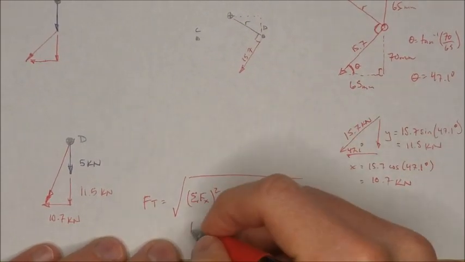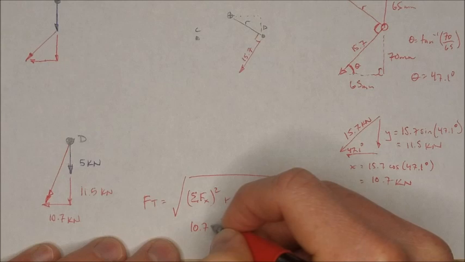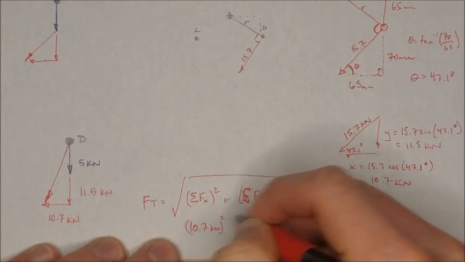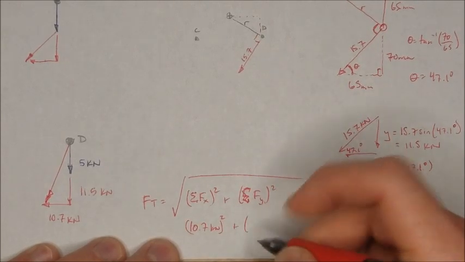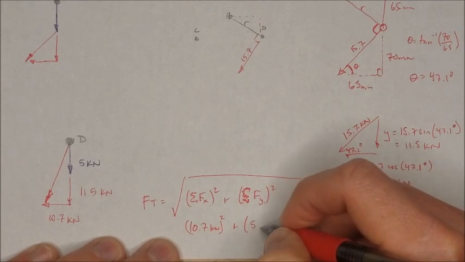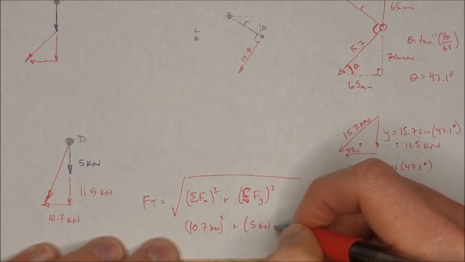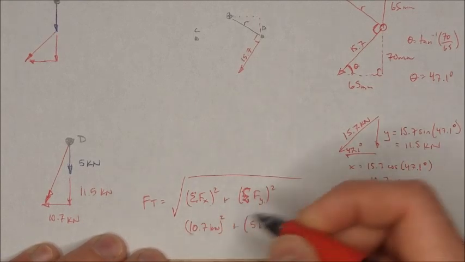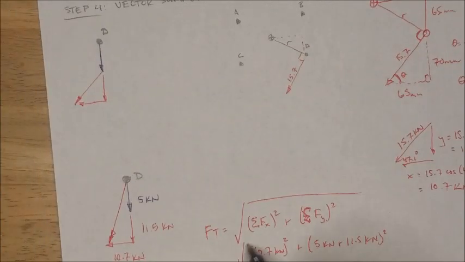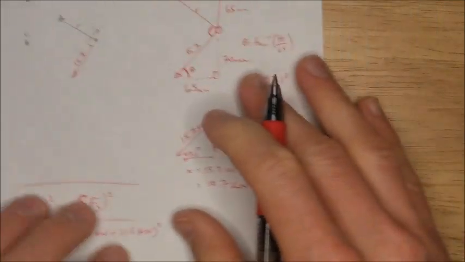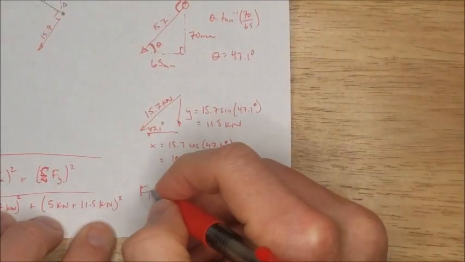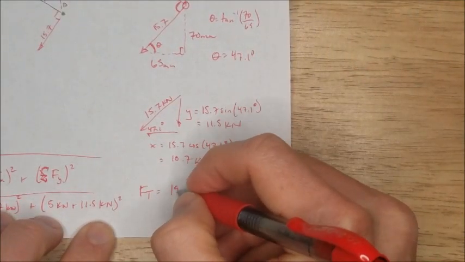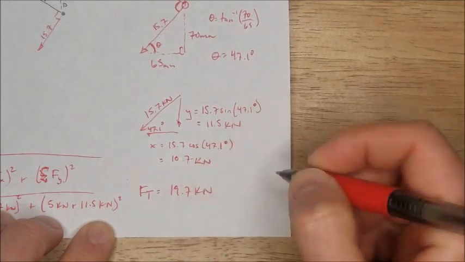That's easy. 10.7 kilonewtons squared plus 5 kilonewtons plus 11.5 kilonewtons squared. Turns out that our Ft total equals 19.7 kilonewtons. All right, so what did we find here?